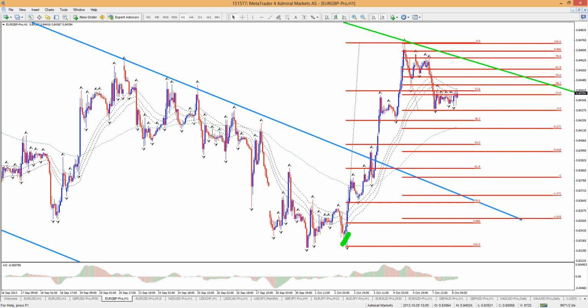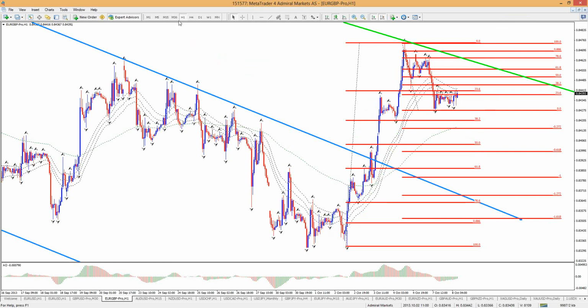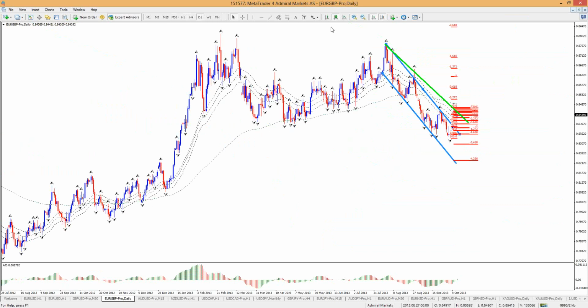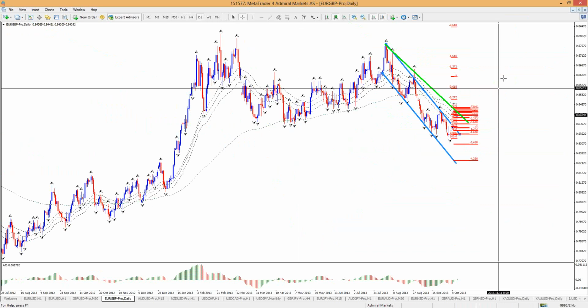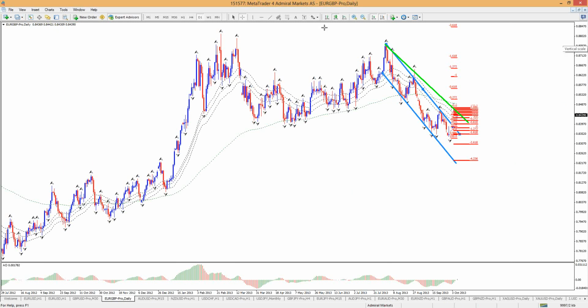But the likelihood, because of this impulsive move up, of this being a correction and at least one more move up is very high. So 87 is a decent chance. 98, of course, we're less sure of getting there.